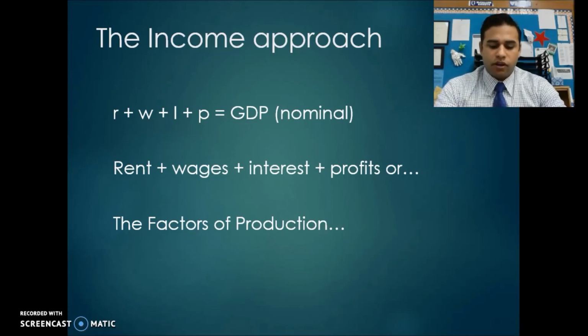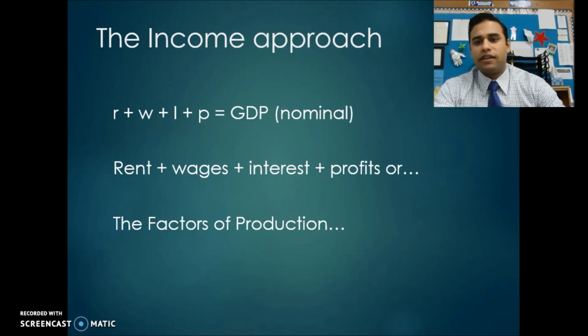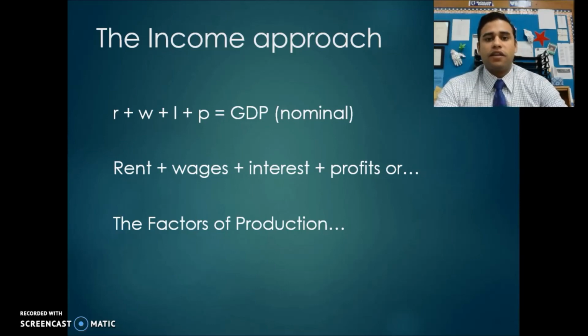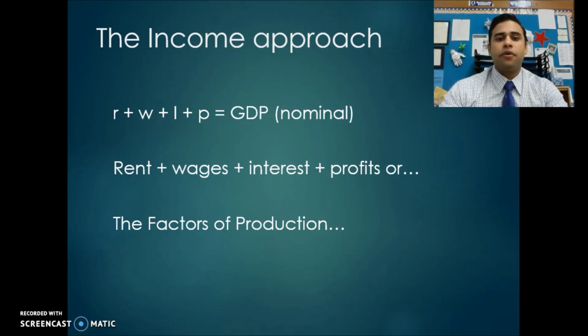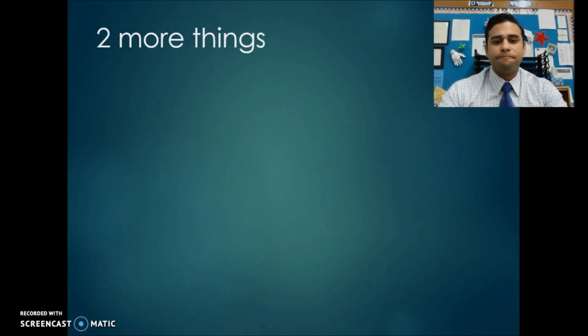Interest, a little harder to get here mentally, but interest is the money you earn from the capital you might own, or from letting people borrow so that they can invest in capital. And then profits are the money you earn if you become an entrepreneur. Now, like I said, complicated. We don't do this, but I need you to know what it is and that it exists, okay?